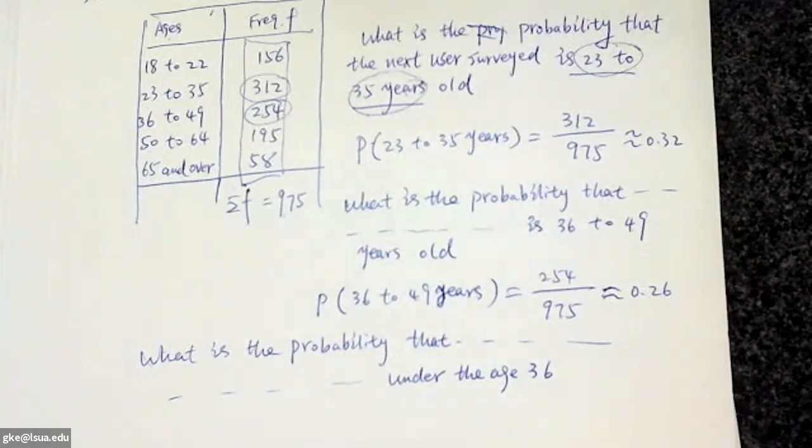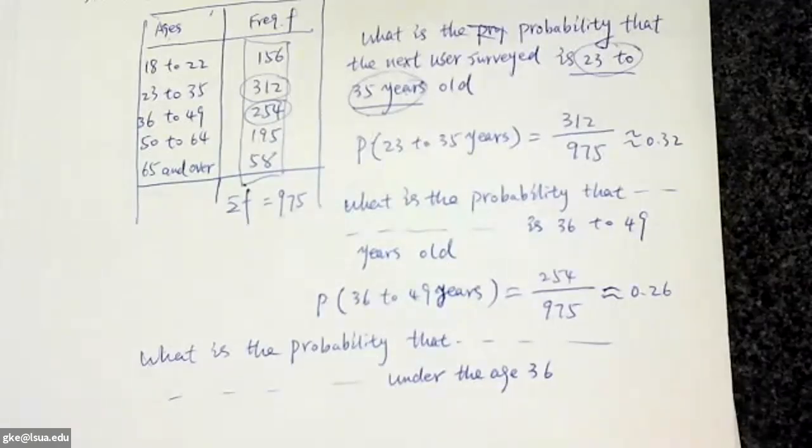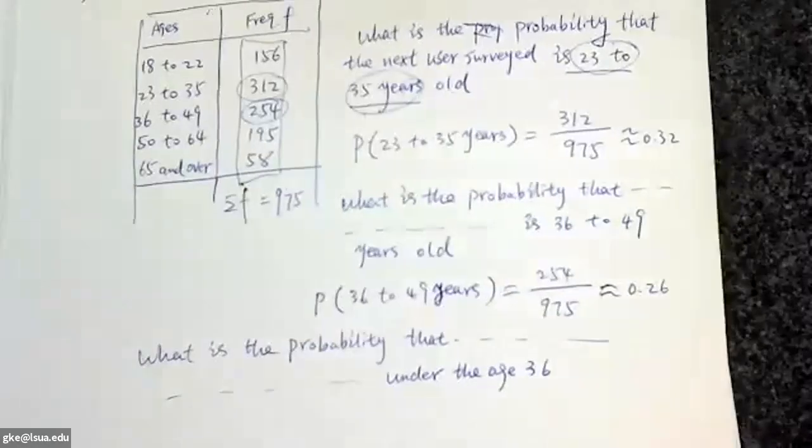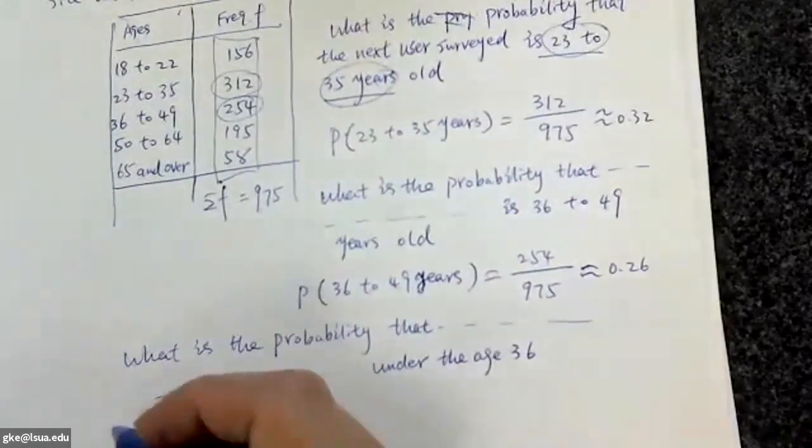Oh, 0.48. Oh, you are right. I was like, wait, what? Let's check the other one. That's right. I couldn't figure out why I was wrong, because that's what I got too. Okay, you did a very good job. Fantastic. We got you there.